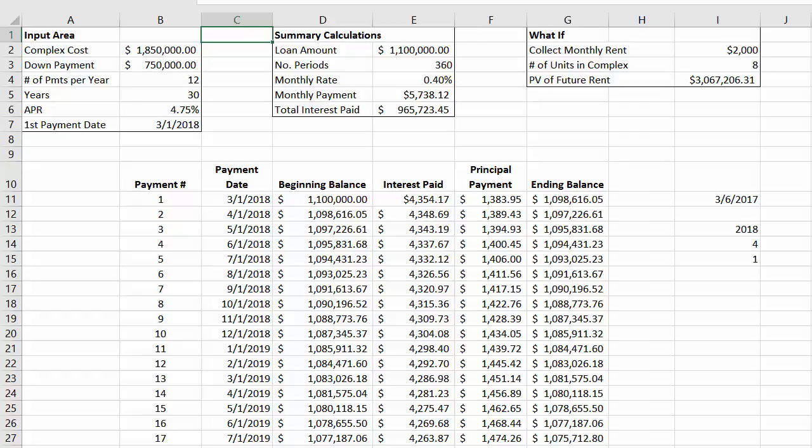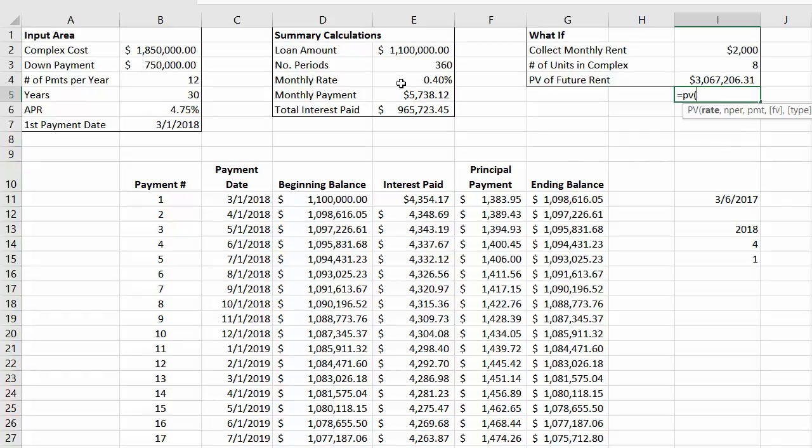So step 19 says, okay, in cell I4, this cell, insert a financial function to calculate the present value of the total monthly rent you would collect for the 8 units. So if I could rent each unit for $2,000, how much money would that be worth in present value terms? Using that, I'll just do it under here, I'll say equals present value.